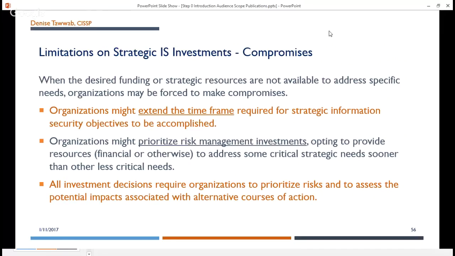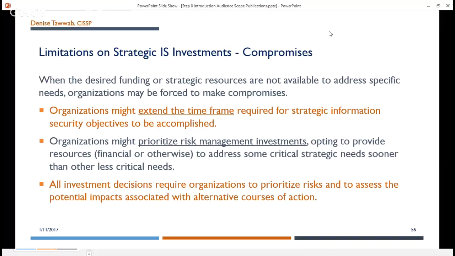Let's talk about compromises. When the desired funding or the strategic resources aren't available to address specific needs, then your company might be forced to make compromises. You might extend the time frame required for strategic information security objectives to be accomplished. So we're not going to do everything this year. We're going to push some stuff out to year 2, year 3, year 5, but you develop a longer term plan. You might prioritize risk management investments, opting to provide resources, financial or otherwise, to address your critical strategic needs sooner than other less critical needs.